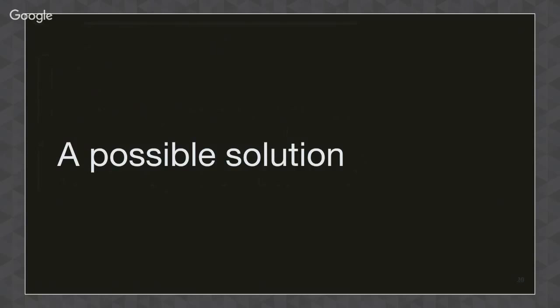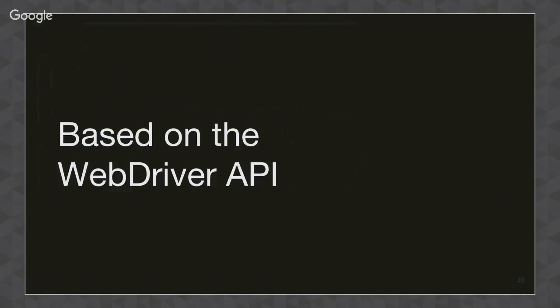So one possible solution here is what this talk is about, testdriver, which is a tool that is based on the WebDriver API. For anyone who's familiar with that, it's basically trying to be like a real user using the web browser, so things like clicks, navigating, window resizing, and everything that you could think of.